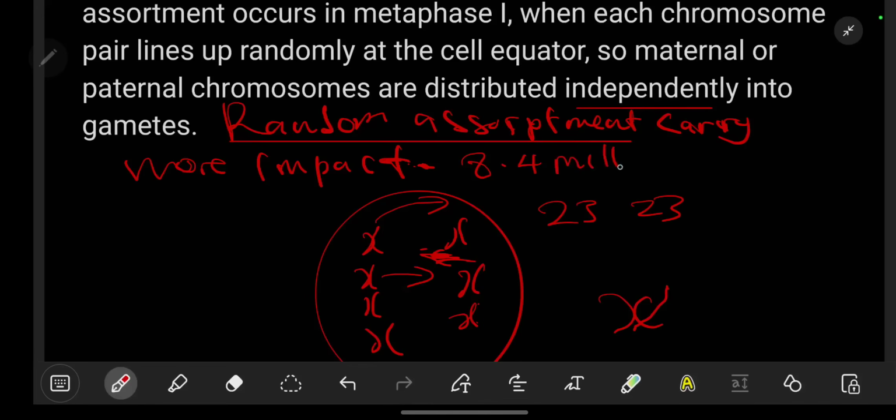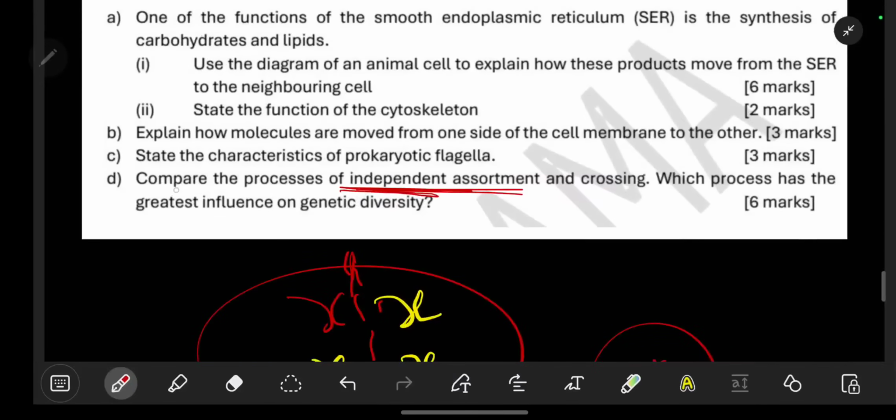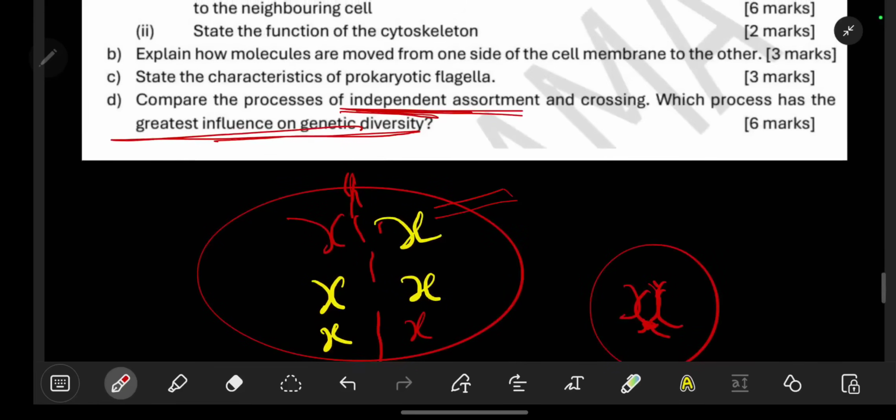So you can just write million times, which is 2 to the power 23 number of arrangements. So random assortment influences genetic diversity more, because all these chromosomes have different characteristics for that gene.